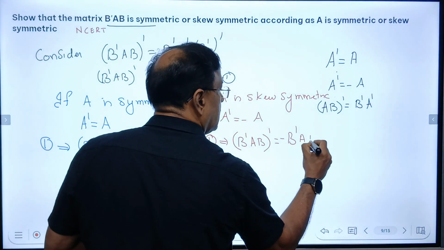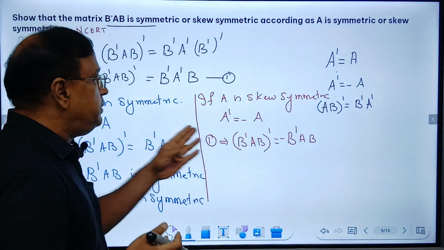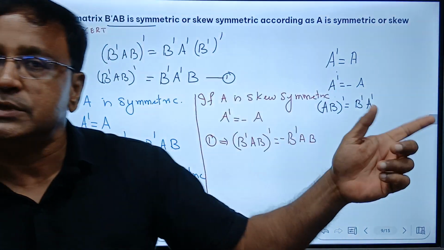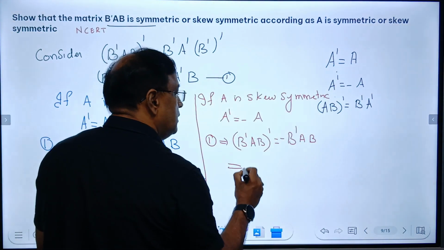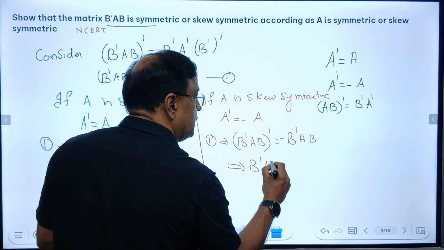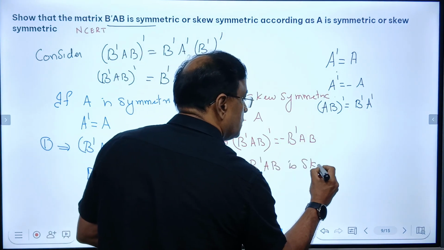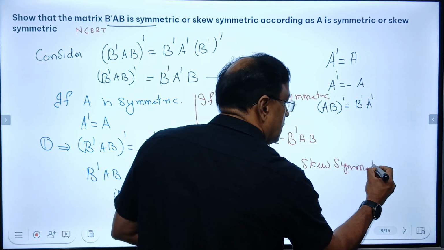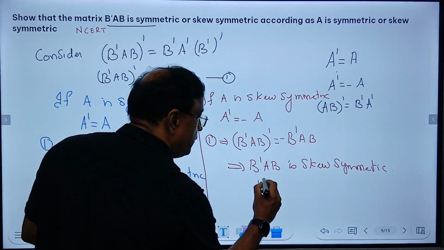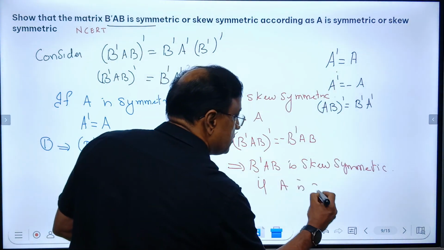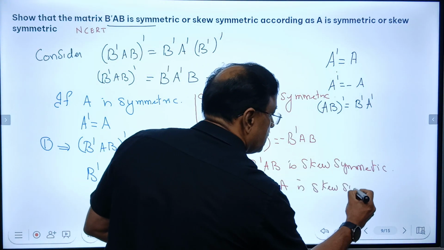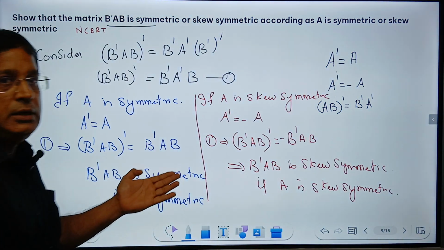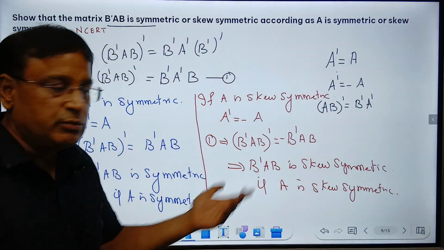Minus A. So what have we proved? B transpose AB whole transpose is negative of B transpose AB. This shows that B transpose AB is skew symmetric if A is skew symmetric. I hope this problem is clear. Important NCERT question.